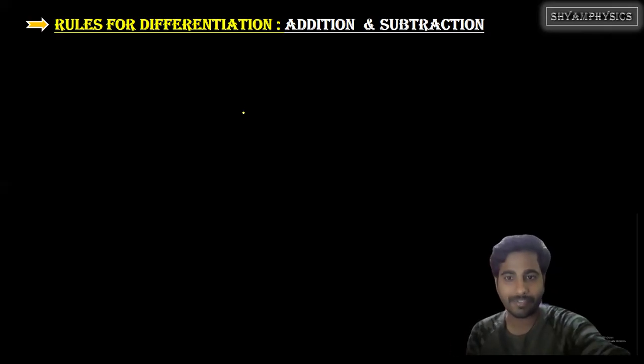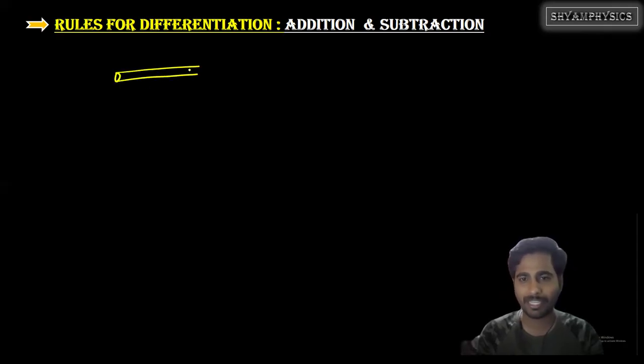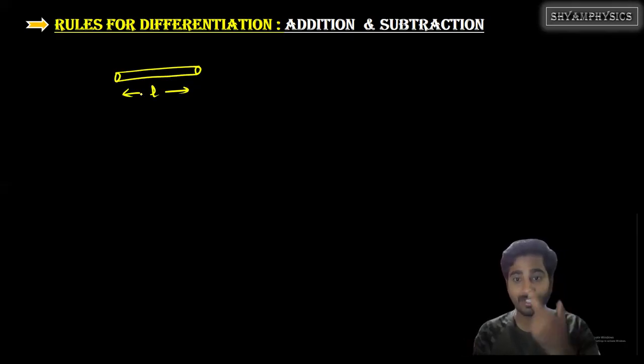In this video, we are going to discuss the rules for differentiation. In the last class, we discussed differentiation. For example, if there is a physical quantity, any object, its length is L. This is the total length.